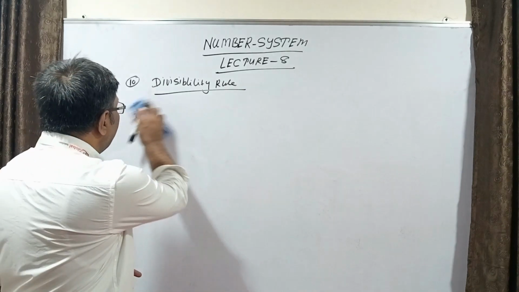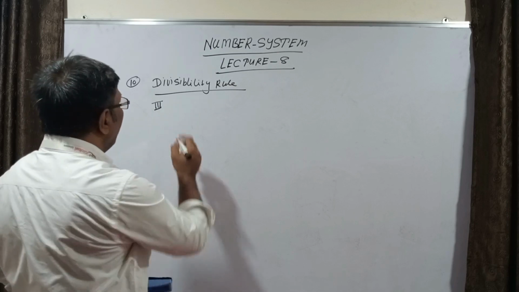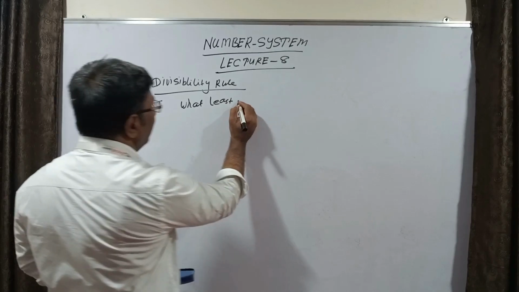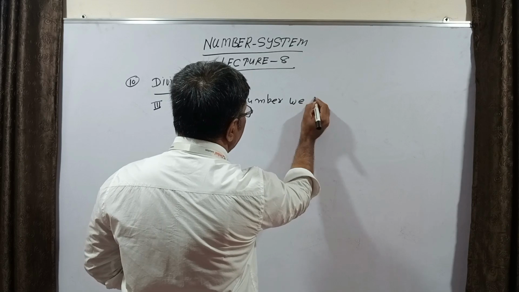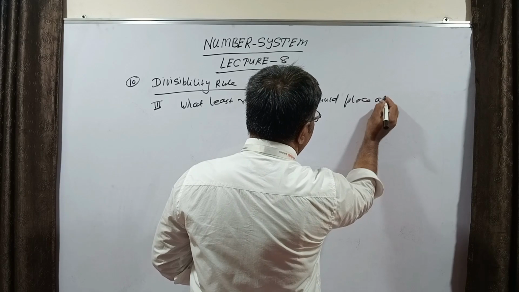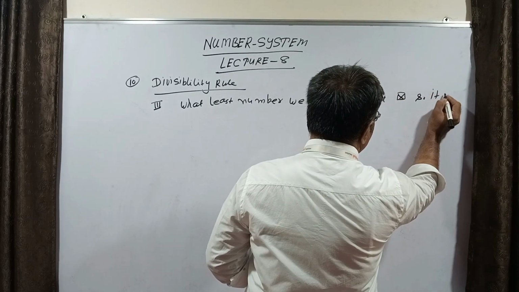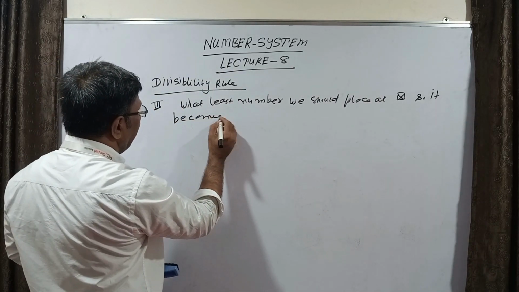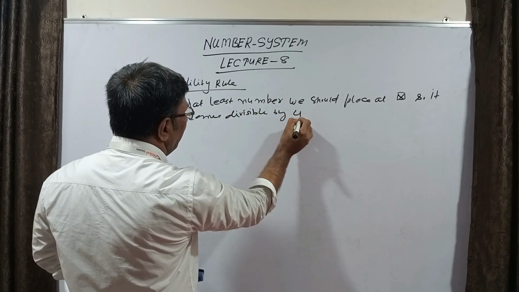So now this is the third point in the 10th. What least number should we place at a star place so that it becomes divisible by 4?